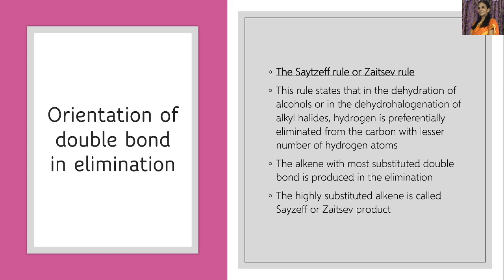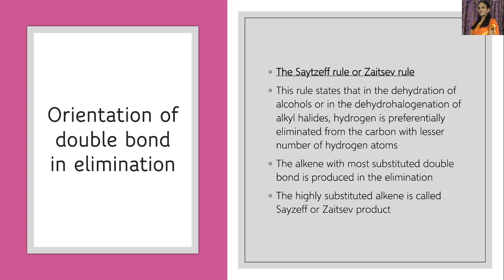This rule states that in the dehydration of alcohols or in the dehydrohalogenation of alkyl halides, hydrogen is preferentially eliminated from the carbon with lesser number of hydrogen atoms.